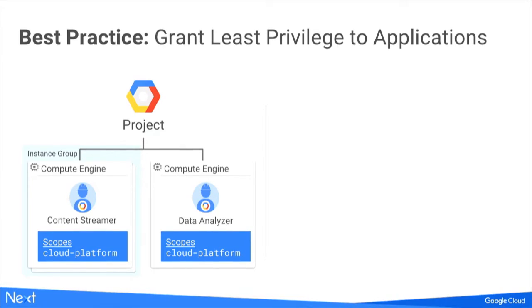The best practice here is that you give each instance or group of instances their own service account. In this case, the content streaming instances have one identity, the content streamer service account, and the instances you're using for data analysis have the data analyzer service account. Then you could grant each of those service accounts just the IAM roles on just the resources that they each need to do their jobs.